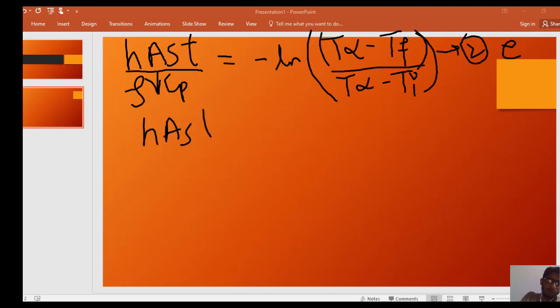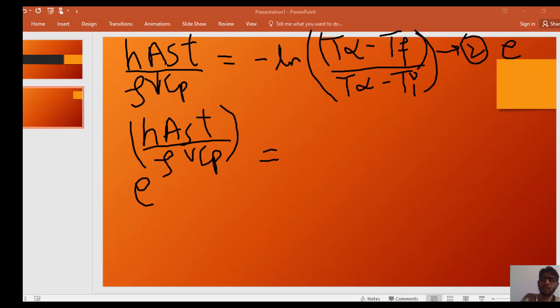Applying e to both sides, write in the exponential form. e is an irrational number having value 2.71. The minus sign can come to this side, and we get e to the power ln of T infinity minus Tf over T infinity minus Ti.